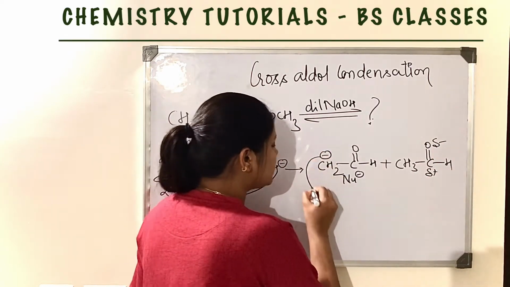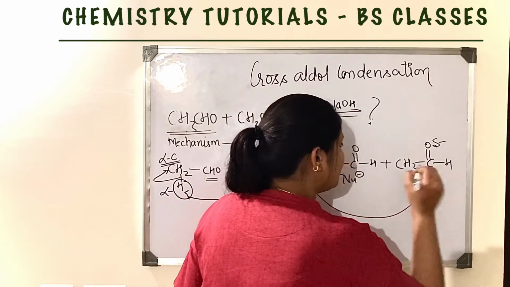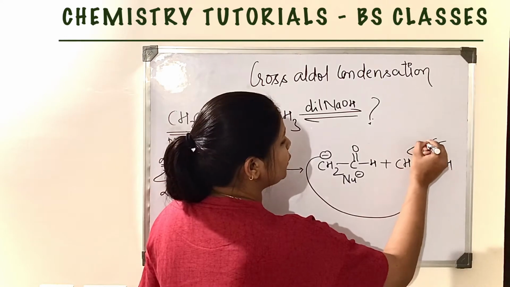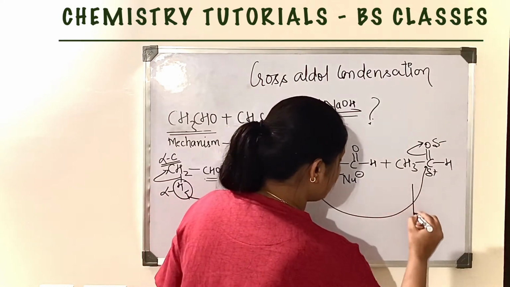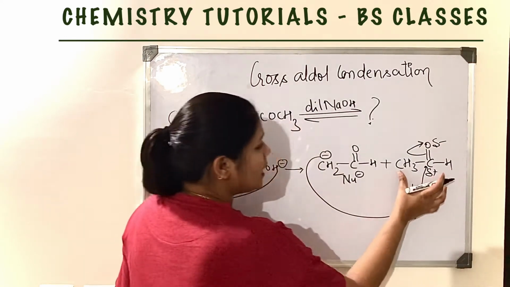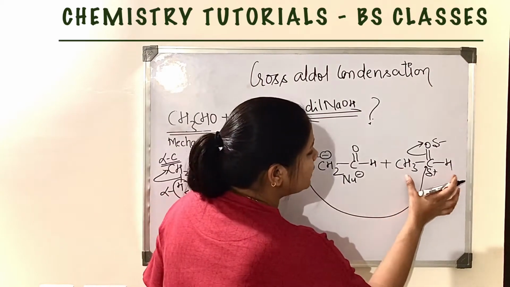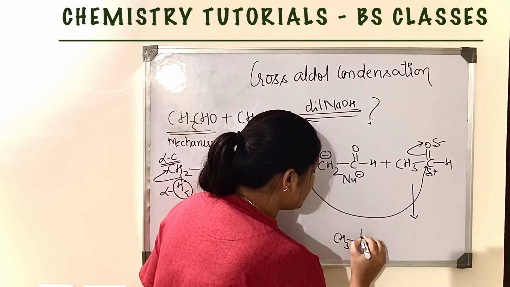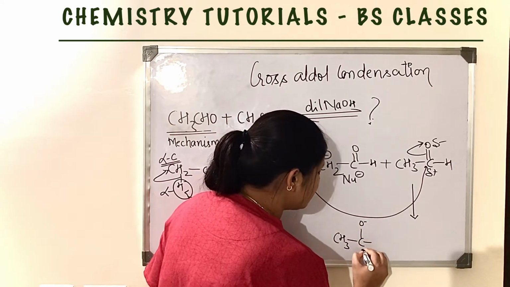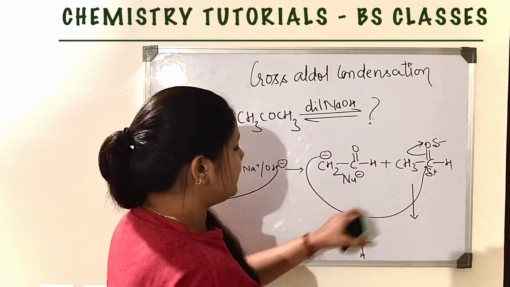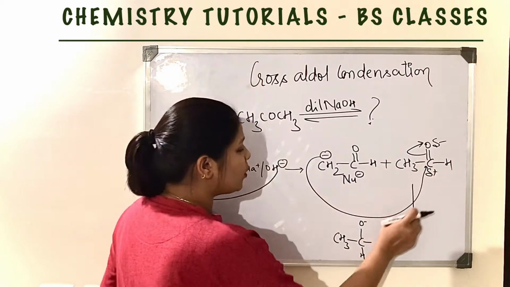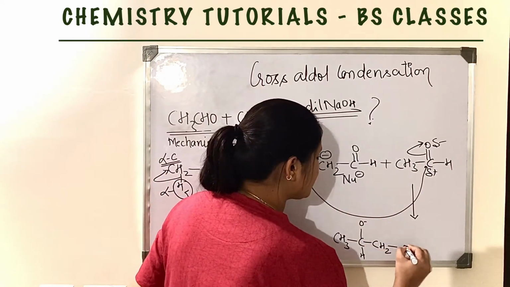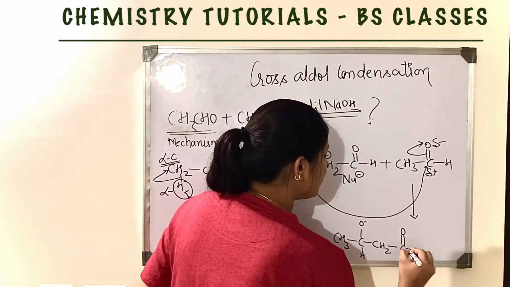Now this binds with this carbon, and the bond between carbon and oxygen is completely shifted to this oxygen, and now the compound is formed. We have to write this compound as it is, like CH3 CO minus, now H here, and this carbon directly bonded with this carbon, so here we write CH2 C double bond O H.